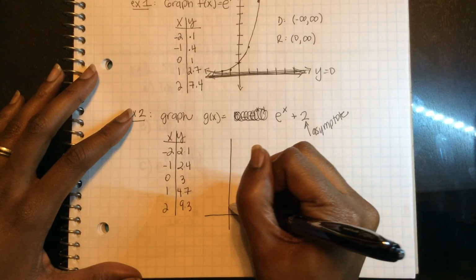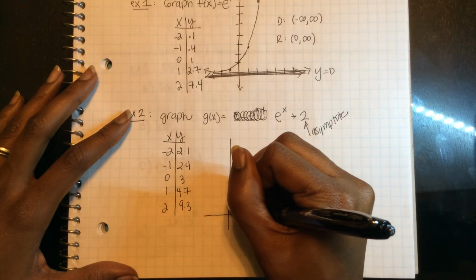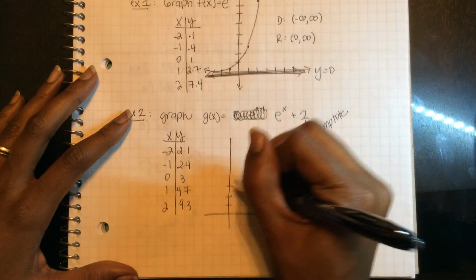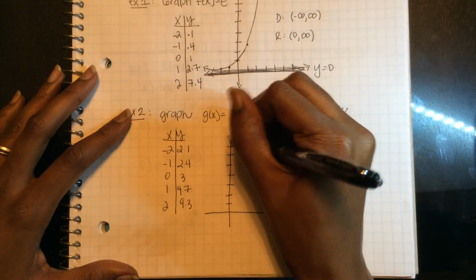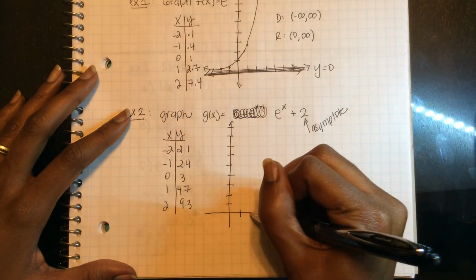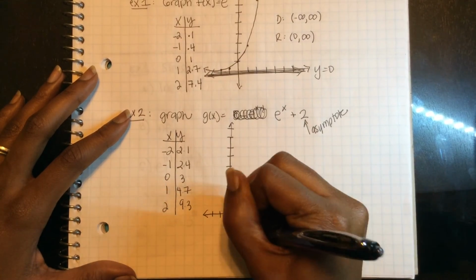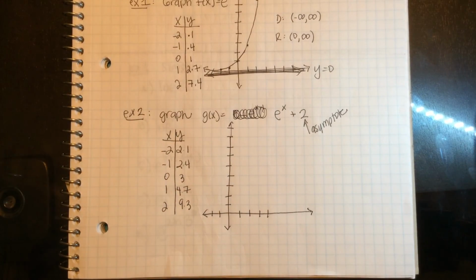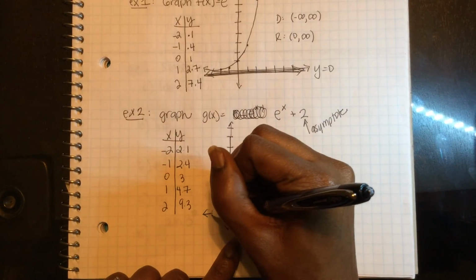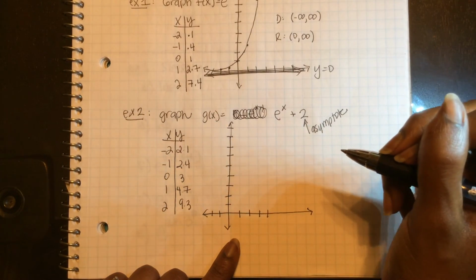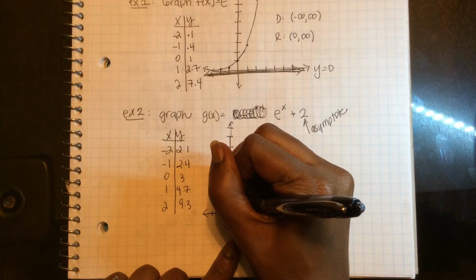Now, one thing I'm going to keep in mind, say 1, 2, 3, 4, 5, 6, 7, 8, 9. Okay, so here's my axis. At -2, it's at 2.1. Okay, right above 2.